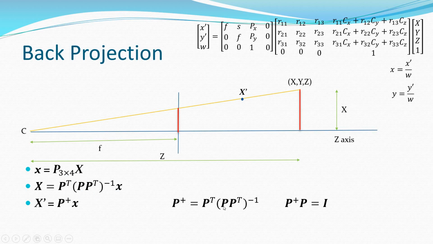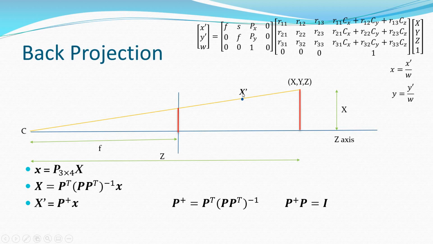So P plus is P transpose, P P transpose inverse. This comes from the underdetermined least squares case. Also note that P plus times P, our projective matrix, will give you an identity matrix because it is some sort of an inverse of this. Remember this because it will be used in the next slide.